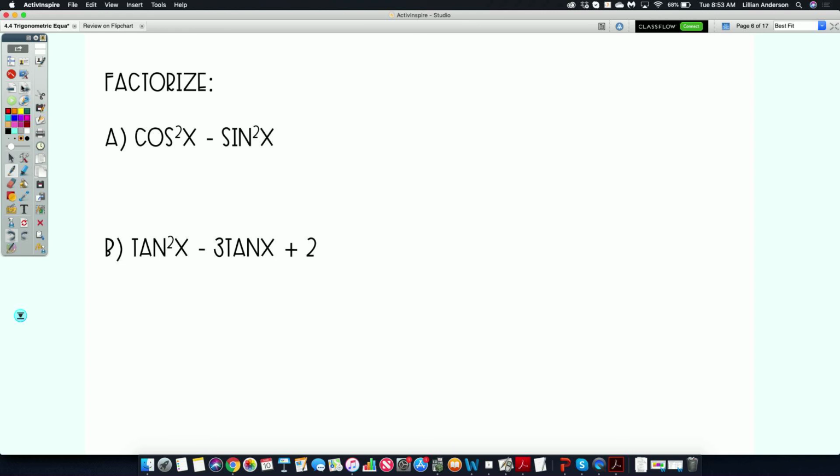When you look at that very first one, you have cosine squared x minus sine squared x. What old school factoring concept does this model?